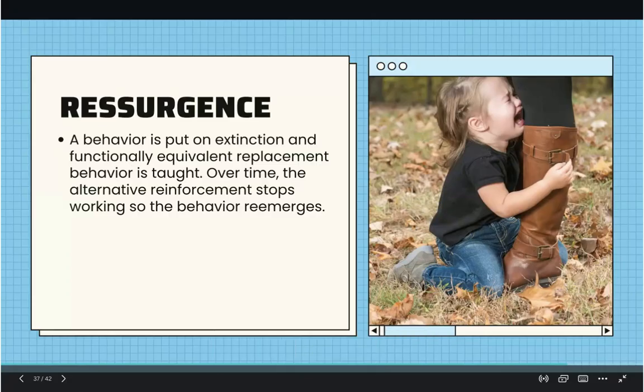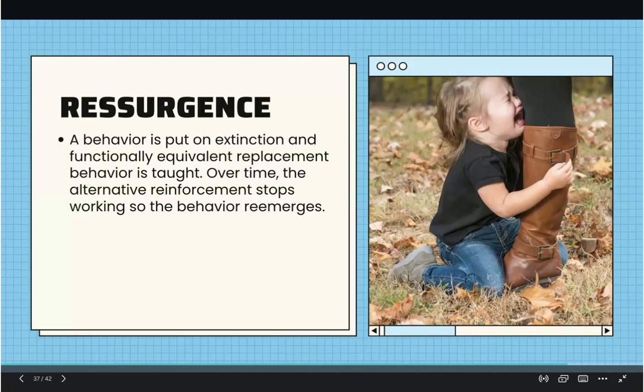Okay, guys, so what exactly is resurgence? Resurgence is when you put a behavior on extinction, and then you teach a functionally equivalent replacement behavior in order to achieve whatever the behavior that was put on extinction was maintaining or was reinforcing, right? And then over time, either you stop reinforcing the alternative behavior altogether, or you just thin the schedule too far.